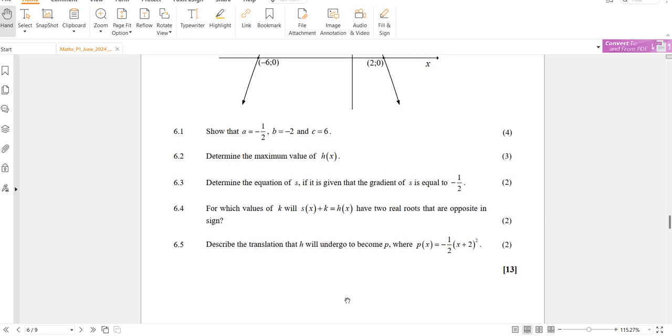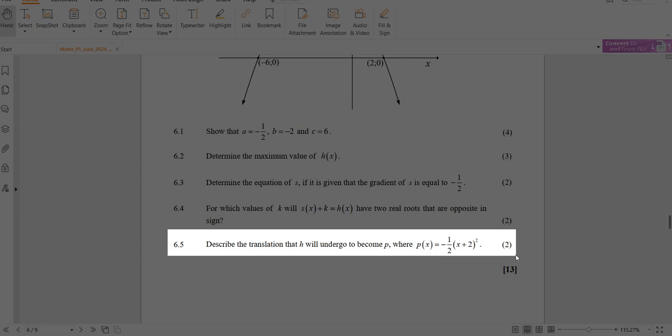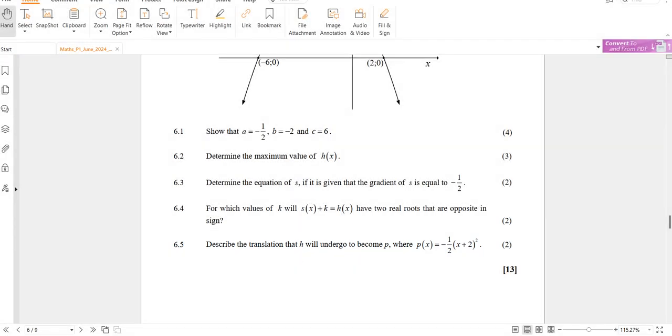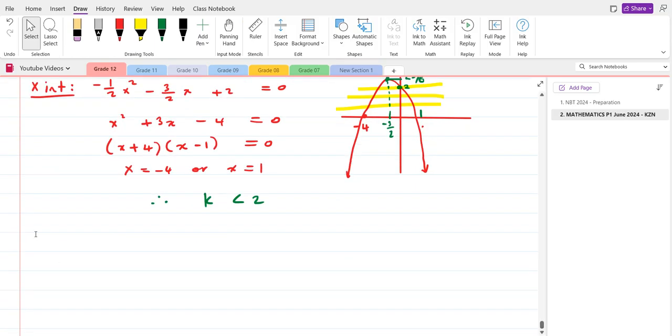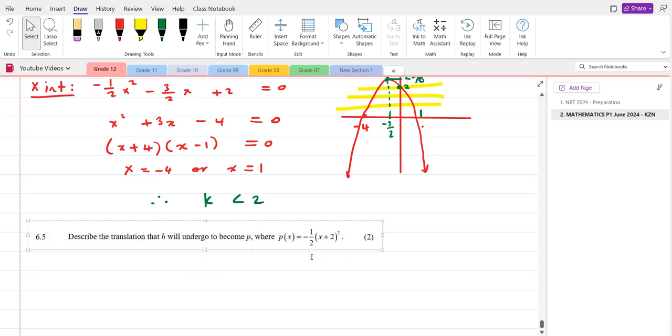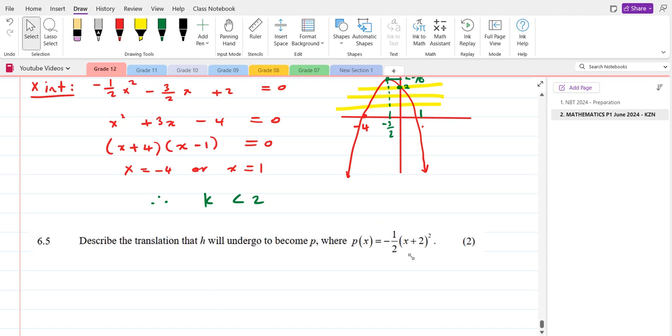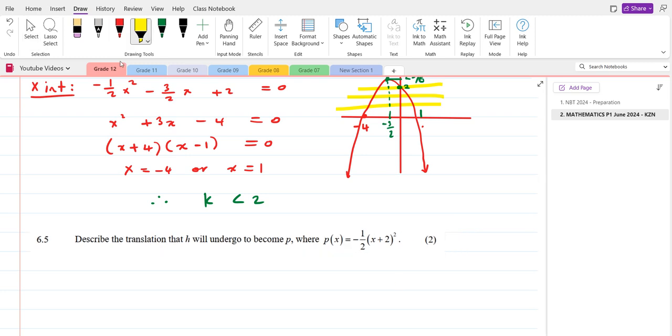Right, and then last one. Describe the translation that H will undergo to become, describe the translation. So how are we shifting the graph so it becomes like this?